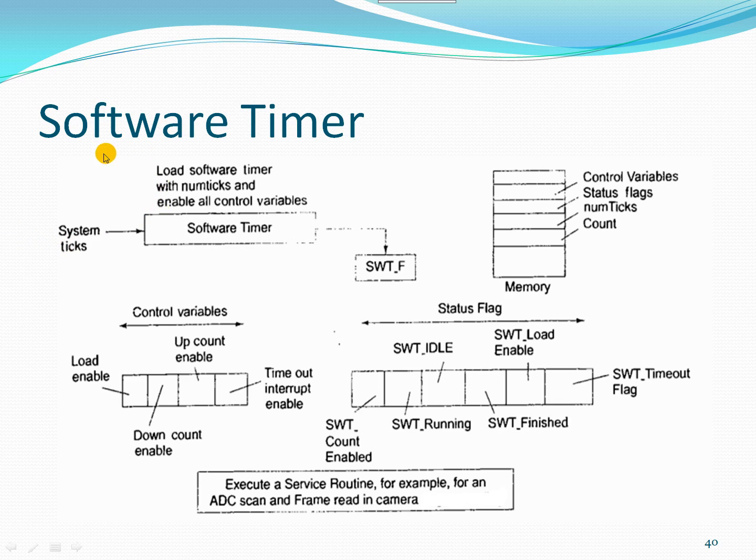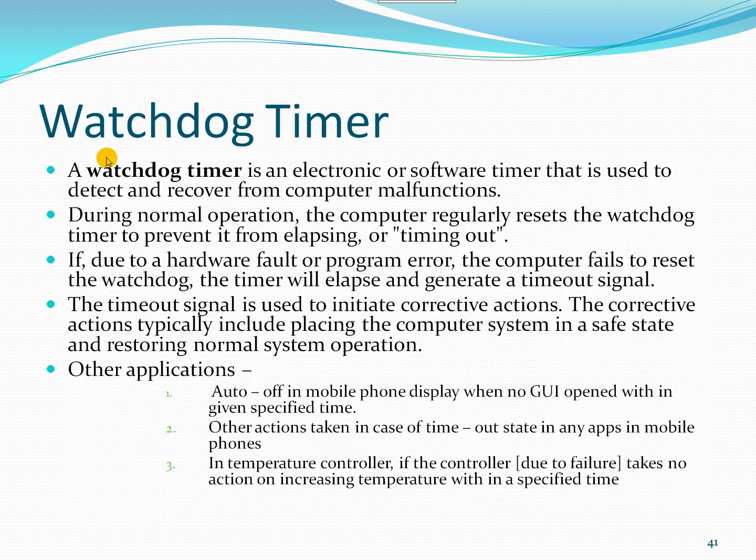So there we don't need any hardware timers at all. We will be using these software timers for all kinds of software which we are using for embedded systems. So that's all about this.